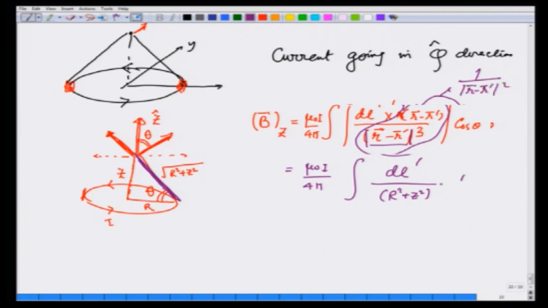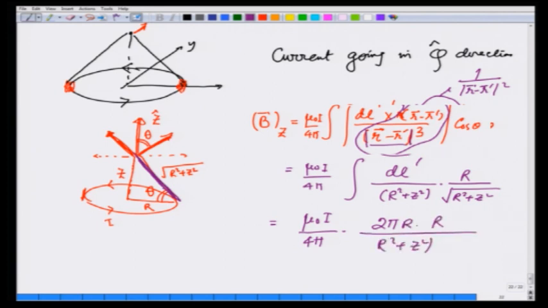Cosine theta is going to be r over square root of r square plus z square. So, this gives me mu 0 I over 4 pi times 2 pi r times r over r square plus z square raised to 3 by 2, which is mu 0 I over 2 times r square over r square plus z square raised to 3 by 2, and it is in the z direction in the upper half plane, and the same direction here also, as you can see easily by taking the vector product.